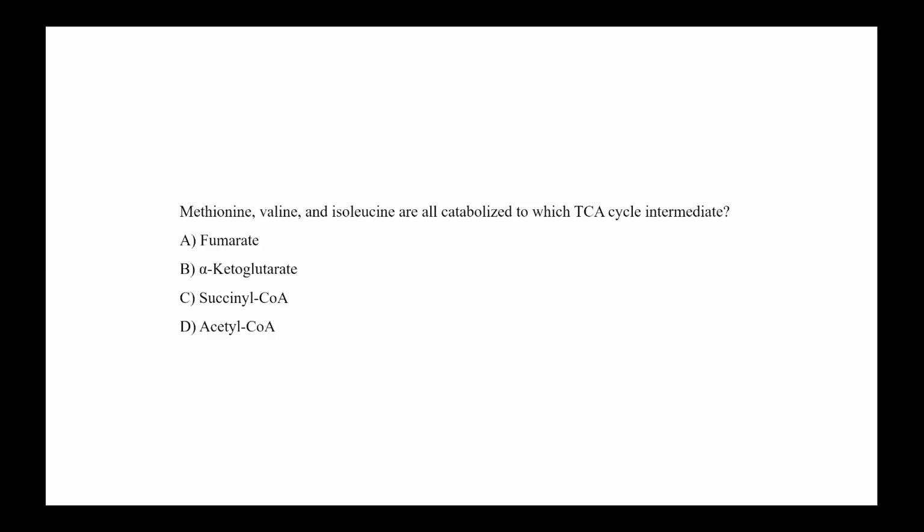Option B, alpha ketoglutarate. Option C, succinyl coenzyme A. And option D, acetyl coenzyme A.